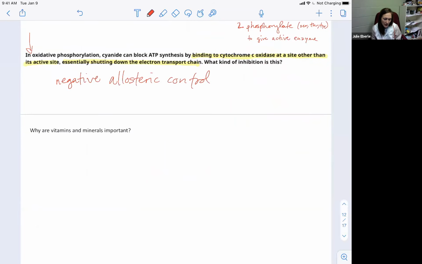Last question on chapter 19. Why are vitamins and minerals important? What's the main overall purpose of vitamins and minerals? Isn't it to get nutrients that our body doesn't make ourselves? Yes, yes, but why do we need those nutrients? What do they do for us?